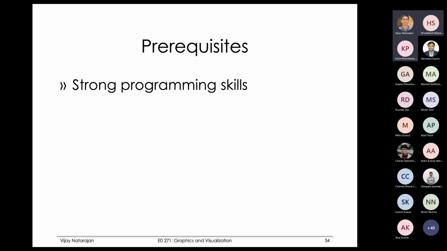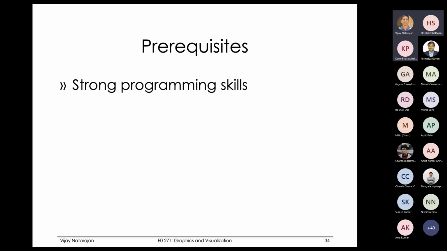So I expect you to have done a lot of programming in your undergraduate days, and especially programming at the system level, right? So setting up a program, compiling it, linking it, and working with makefiles, things like that should be kind of obvious to you, right?